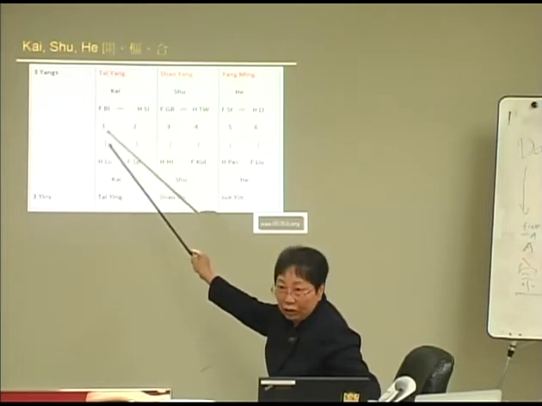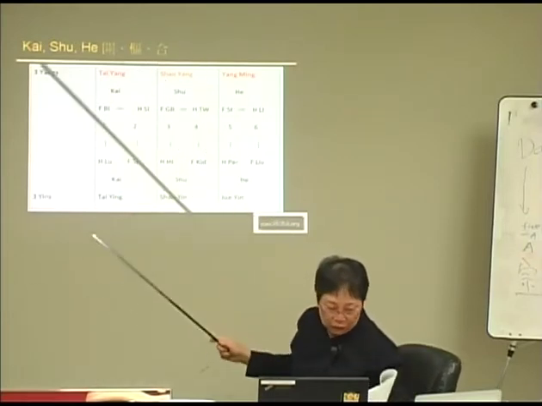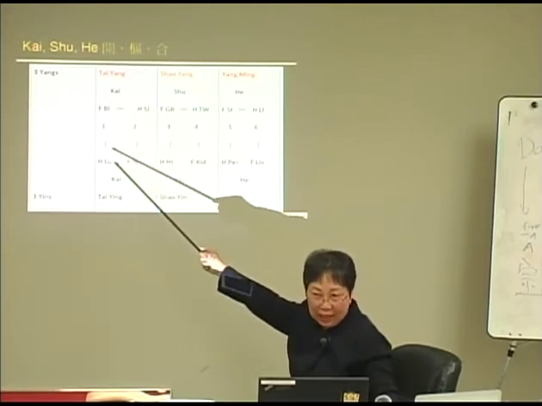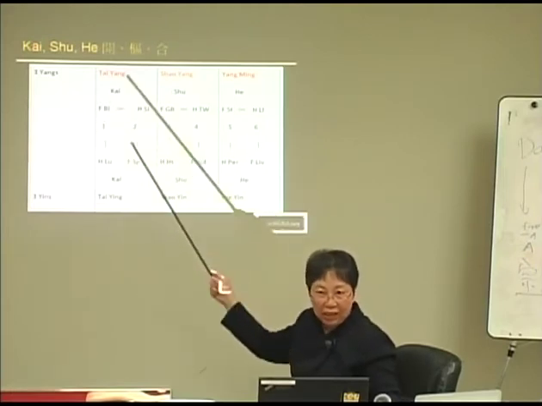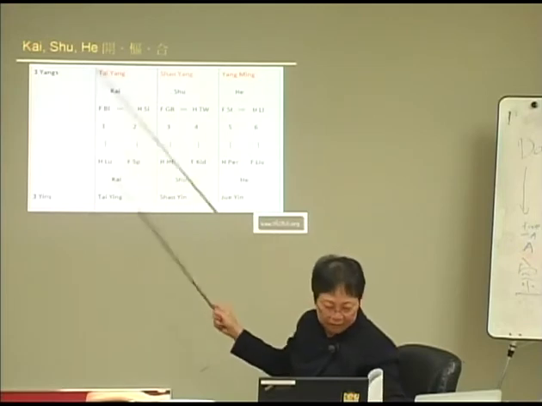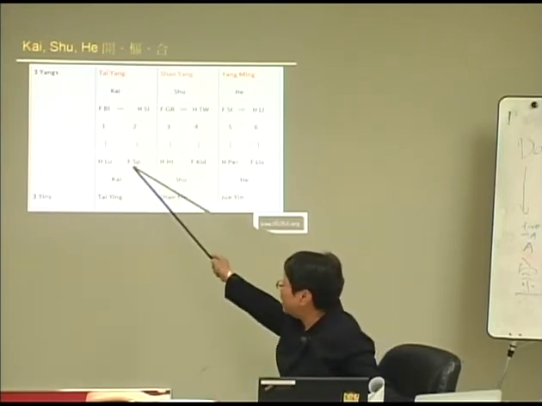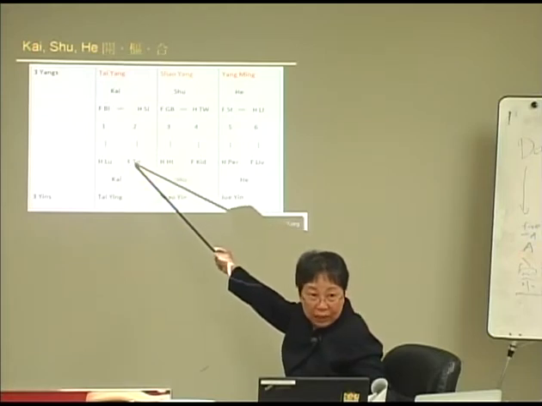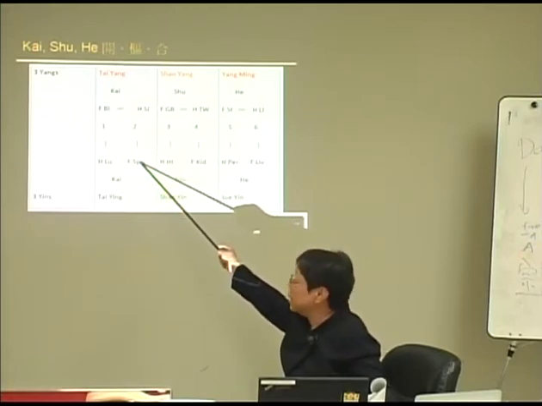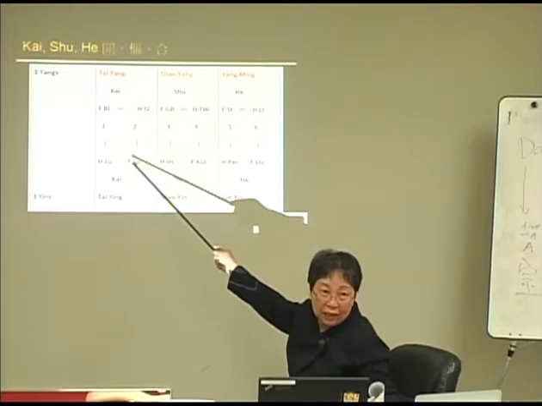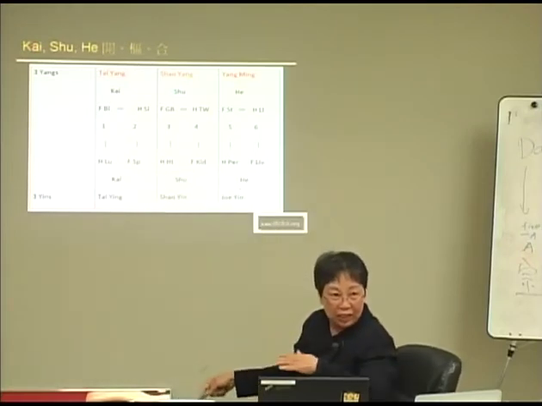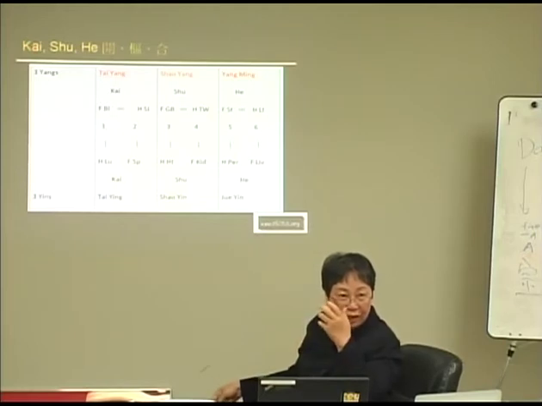But to go to the yang, it's 体阴用阳. Its body is yin, but its function is yang. And this is 体阳用阴. It's 太阴, compared to it, it is yin, but actually its function is earth.